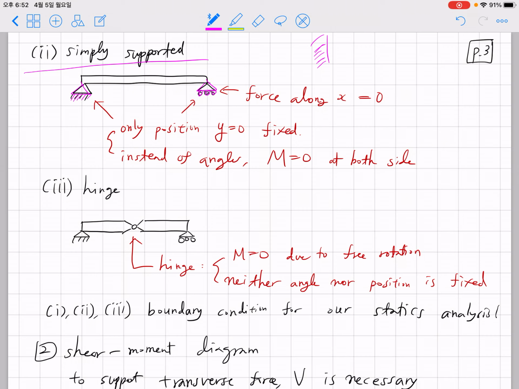This means there will be no force along the x direction, so you don't need to worry about x direction because the x-directional force will be released by this freely rotating wheel. The mathematical meaning at these two ends is only that position y equals 0 is fixed, and there is no constraint on angle. The only constraint is on the moment at both sides.